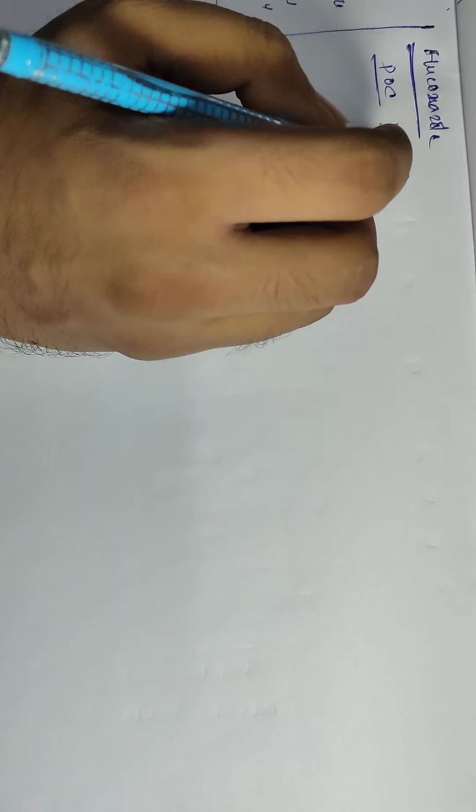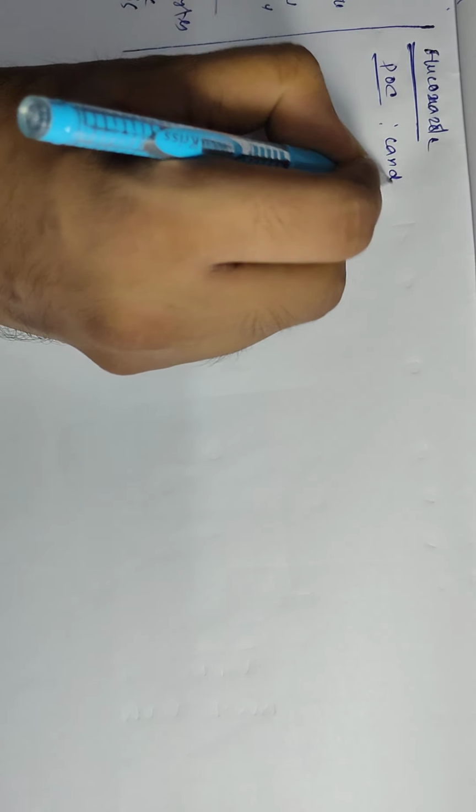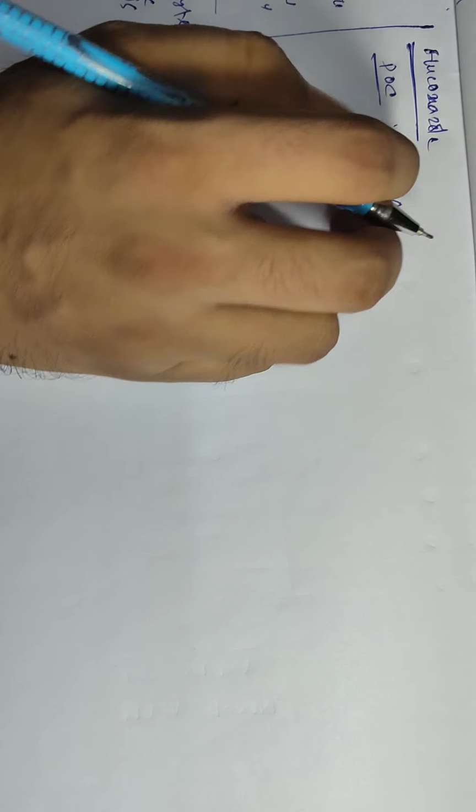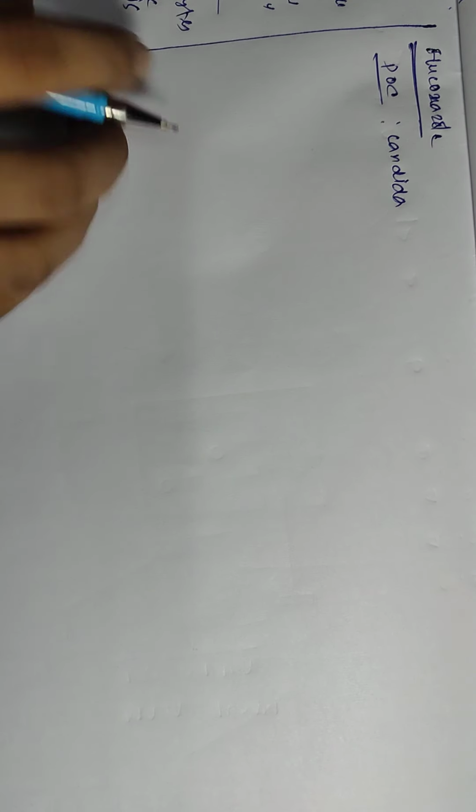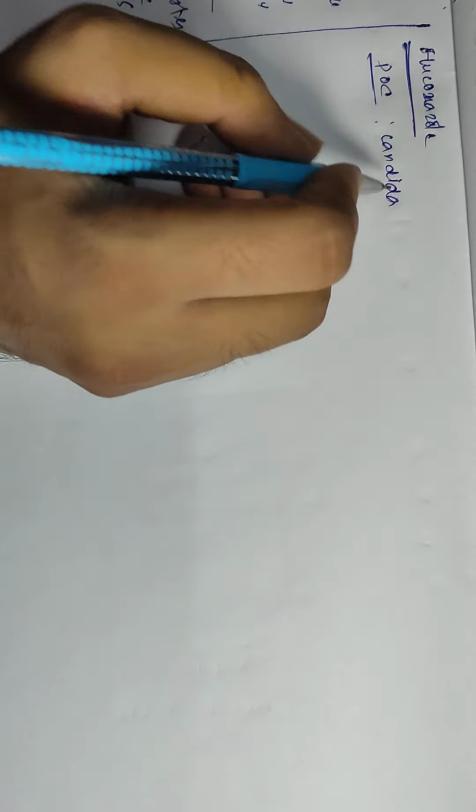Now let's talk about the fluconazole. This fluconazole is the drug of choice for candida. Which type of candida? Should it be systemic? No, it is not systemic, it is mucocutaneous, because for the systemic we should use what? Yes, amphotericin B, right? So it is candida albicans, right?